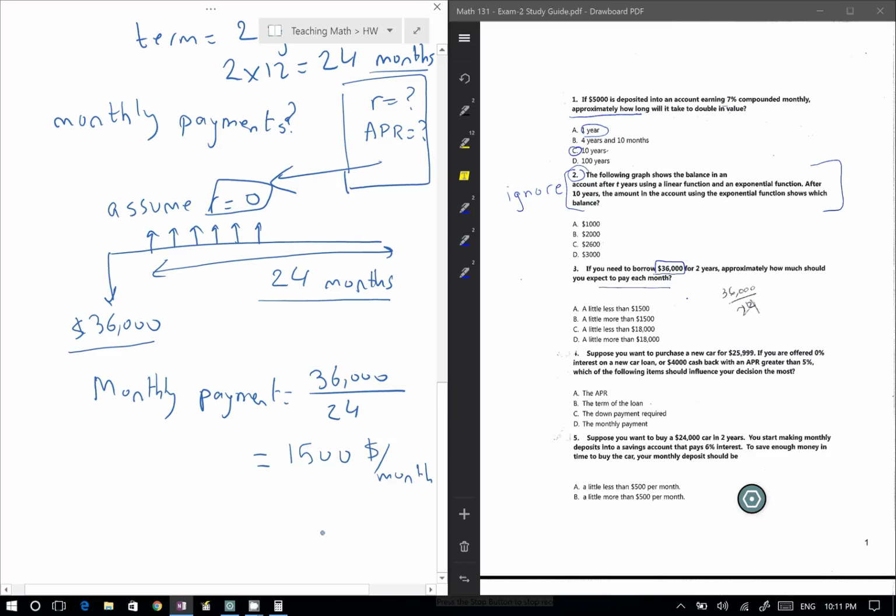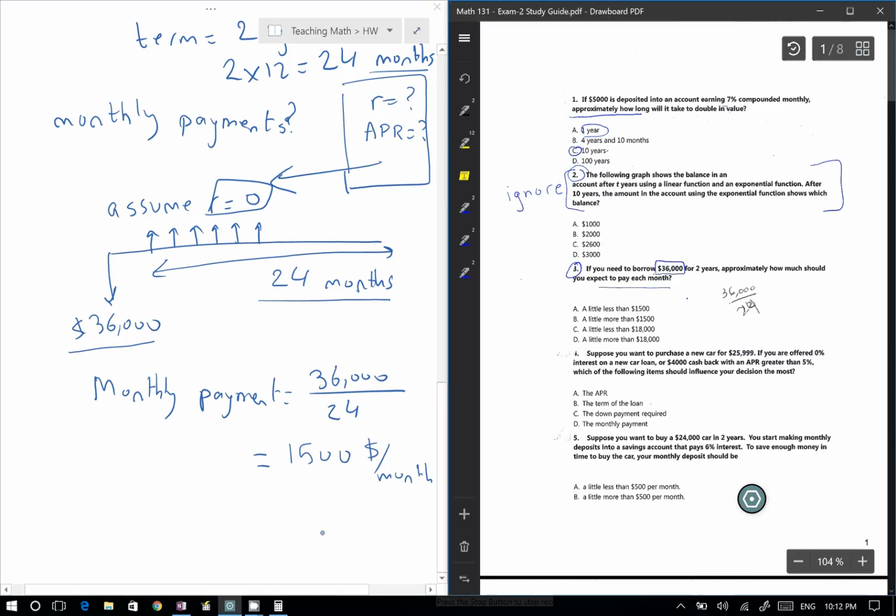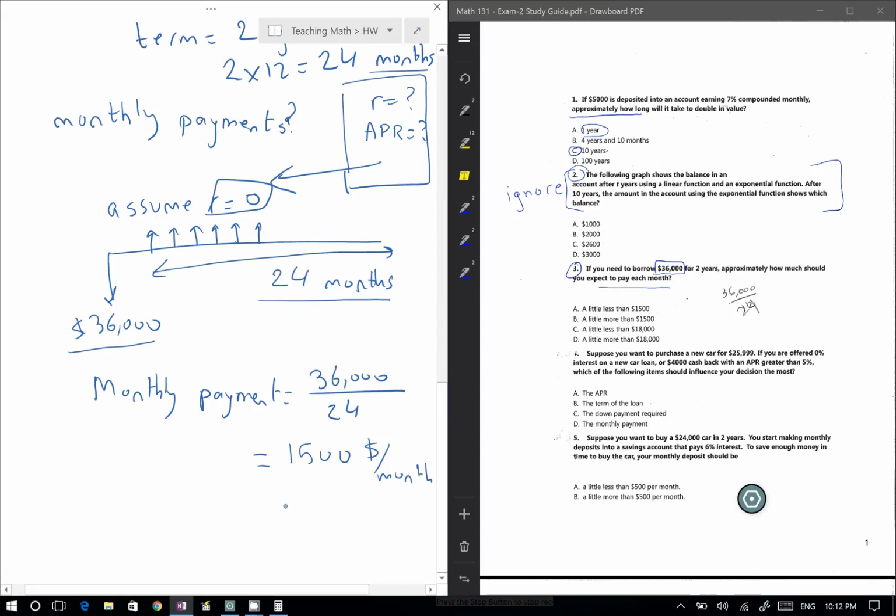Now usually the problem does not say zero interest, it simply does not give us the interest, right? So what we have to do is assume that even if the interest is 1%, most likely we'll end up paying a little more than 1,500.